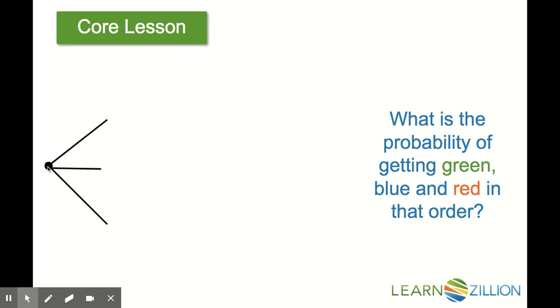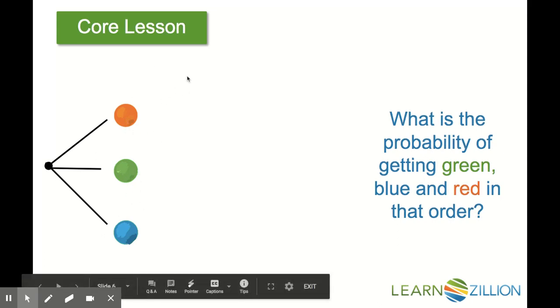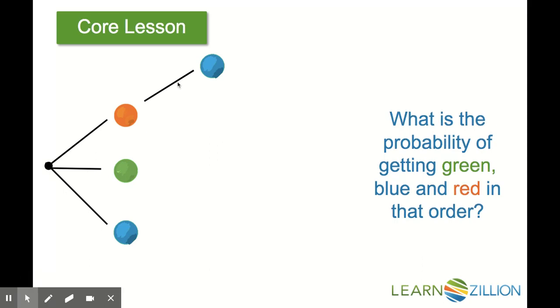So if we put our hand into the bag, there are 3 paths we can lead to, either red, green, or blue. And then after that, each of the resulting paths can be broken up into 2 more paths, where red can lead you to blue, or red can lead you to green.